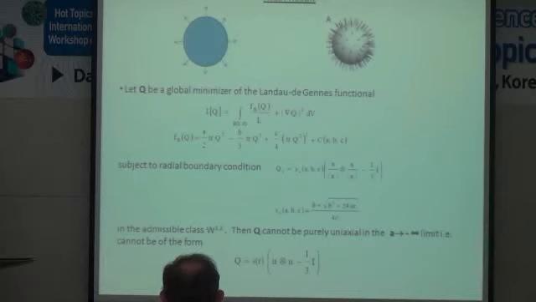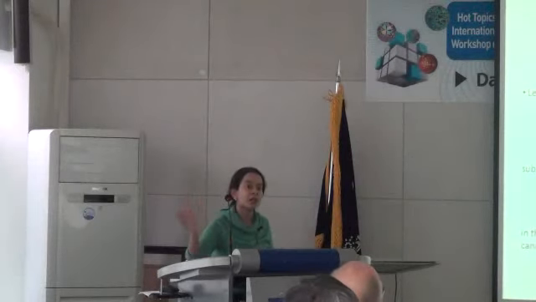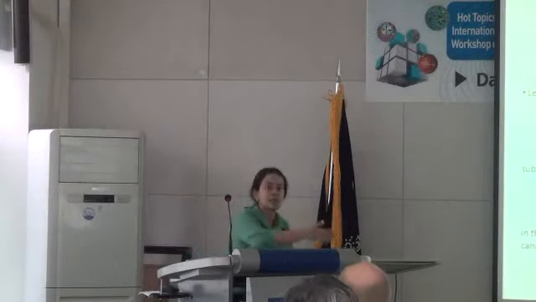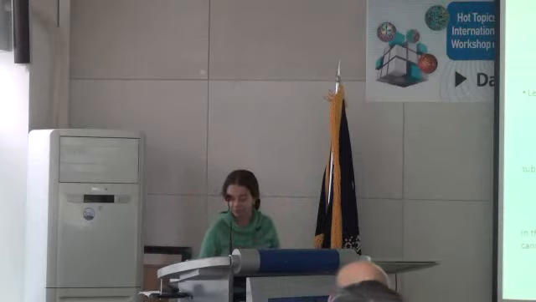So it cannot be written in that simple compact form there. The statement is that biaxiality is inevitable for this particular model problem for low temperatures. And in the last part of the talk, I'll show you how you can generalize this to more general geometries.